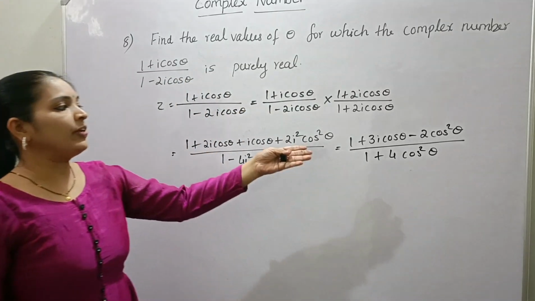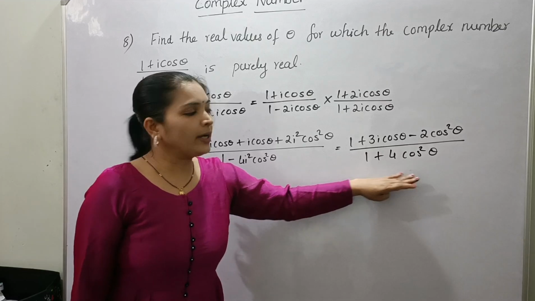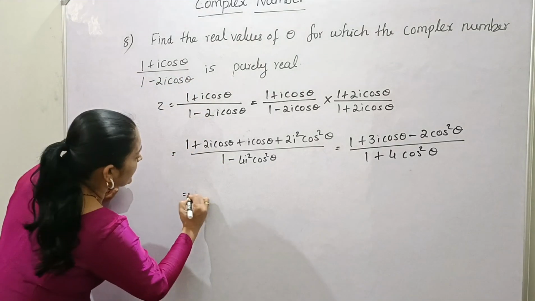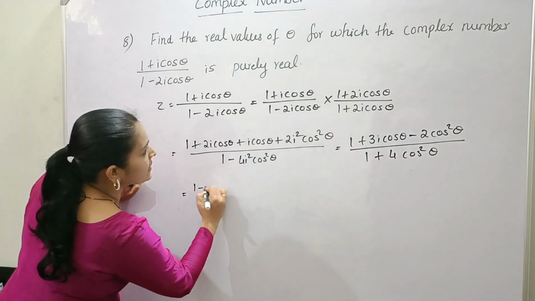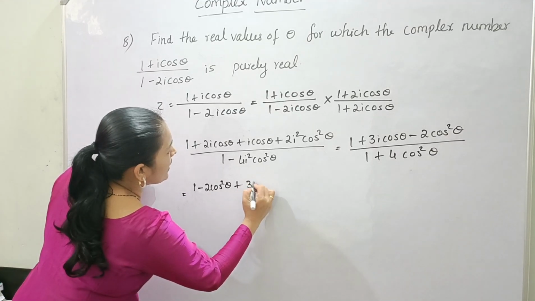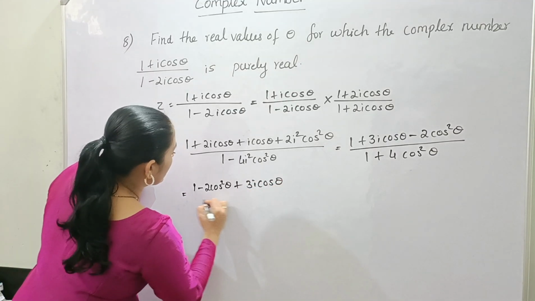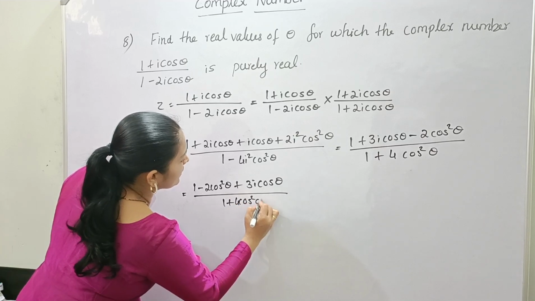Okay, see now here we have got the denominator as a real number. Now split it. So (1 minus 2 cos square theta plus 3i cos theta) divided by (1 plus 4 cos square theta).